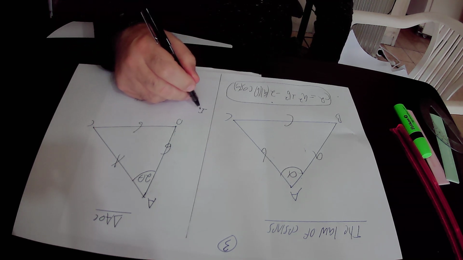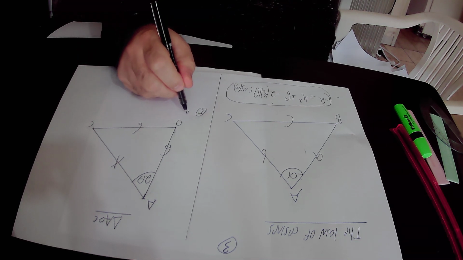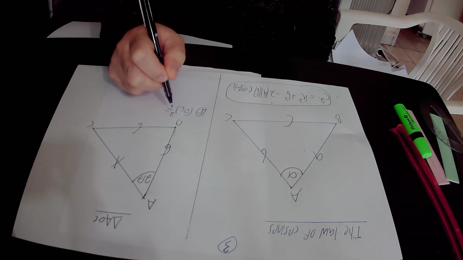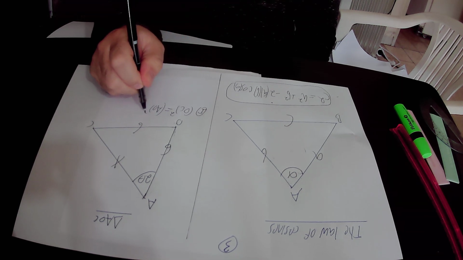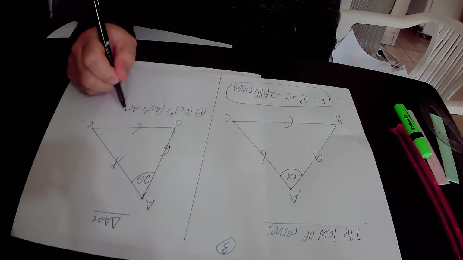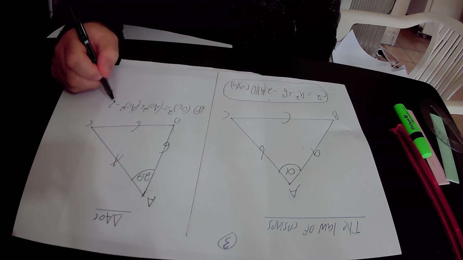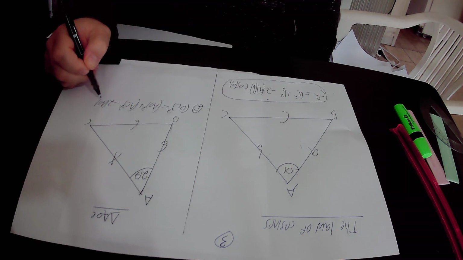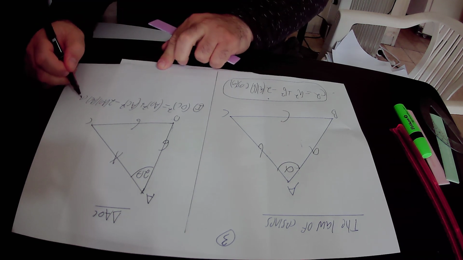We get that OC square equals AO square plus AC square minus 2 times AO times AC times cosine 2 theta.